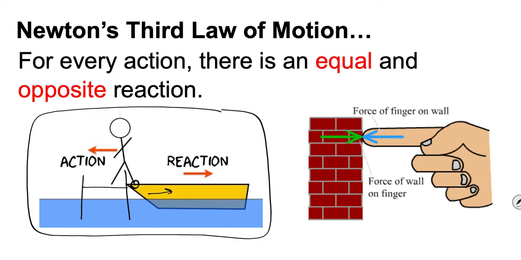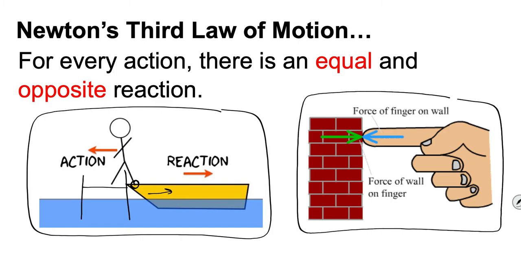Now, a really interesting force involved here is this scenario. You're pushing on the wall with your finger, and the wall is pushing back. The wall does not flex, right? In this case, the bricks did not move. So you're pushing on the wall and the wall pushes back.